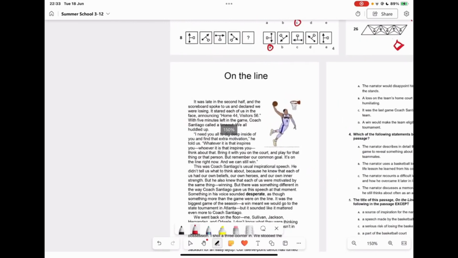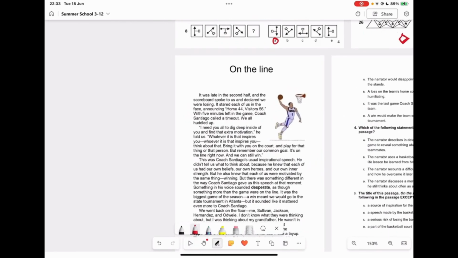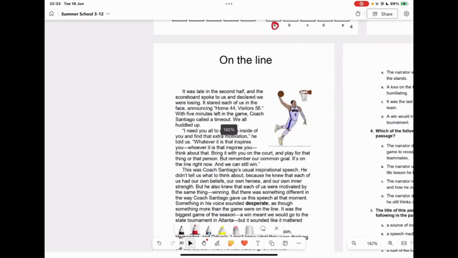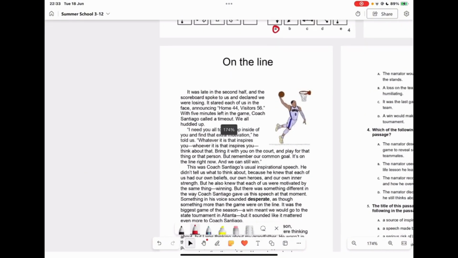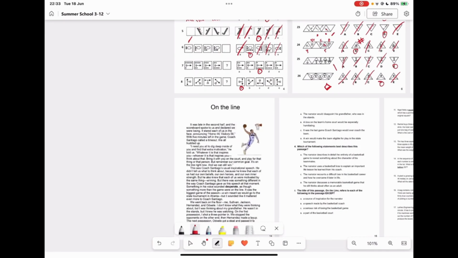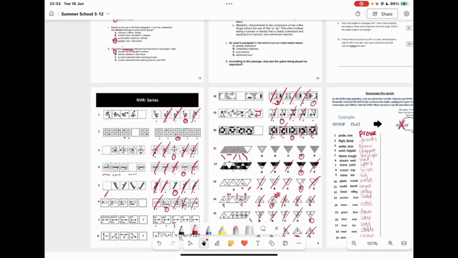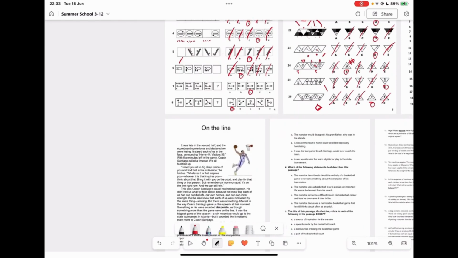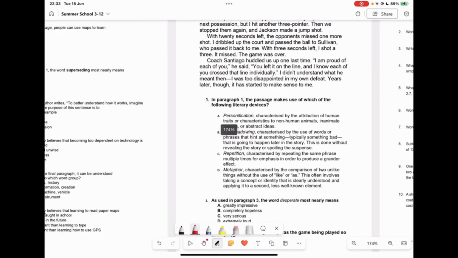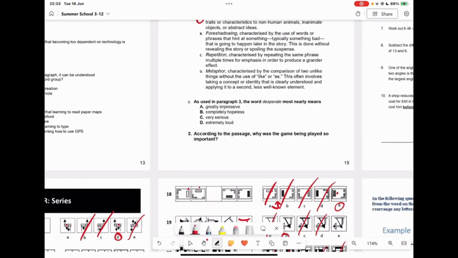So here we can see that in paragraph 1, the answer to this will be, and we were losing, so it says here that the scoreboard spoke to us, so it will be personification. Okay. Question 2. As used in paragraph 3, the word desperate most nearly means, well, the answer to this one will be very serious. And then question 3.